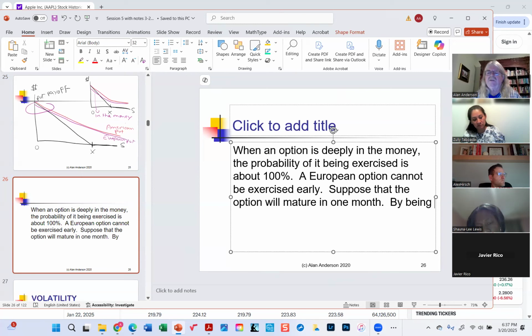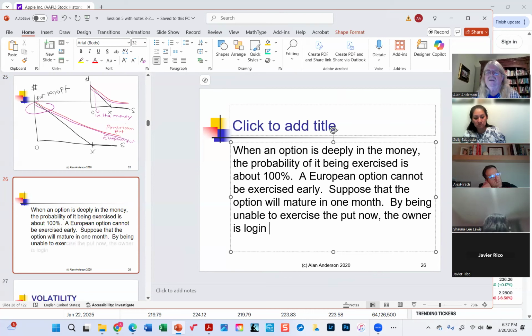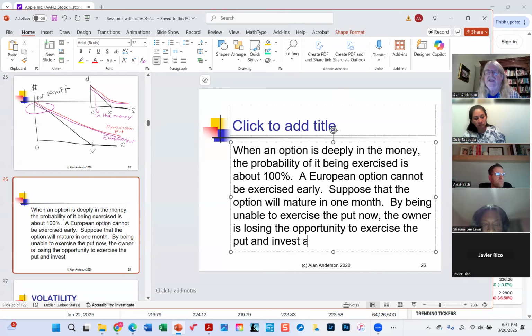By being unable to exercise the put now, the owner is losing the opportunity to exercise the put and invest at the risk-free rate of interest until the maturity date.